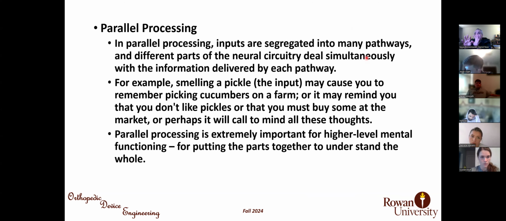This is because of parallel processing, because several centers are working together, and the brain has this capacity to know where to send this information. When I smell a perfume, my brain doesn't send it to an irrelevant center about a book. It knows where to send it. That is the important part. It knows how to send the information to the relevant centers.